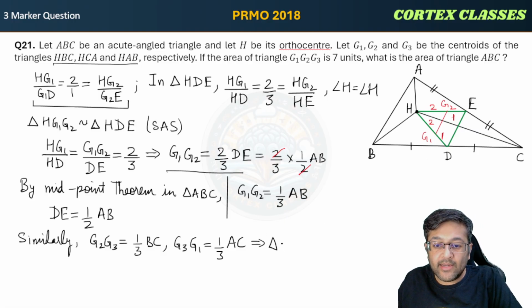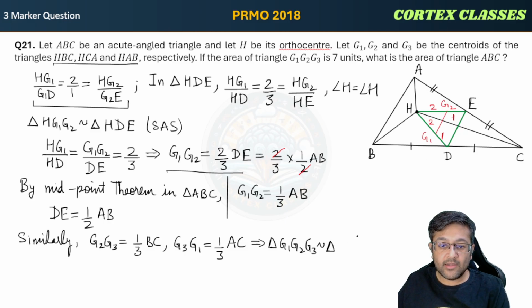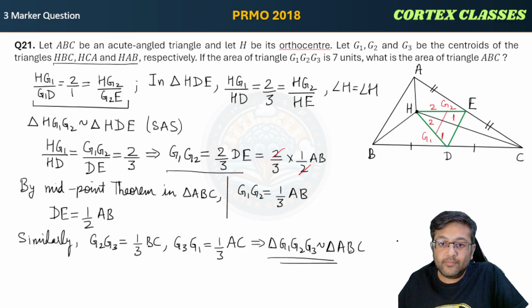I can write: triangle G1, G2, G3 is similar to triangle ABC, by SSS criteria.